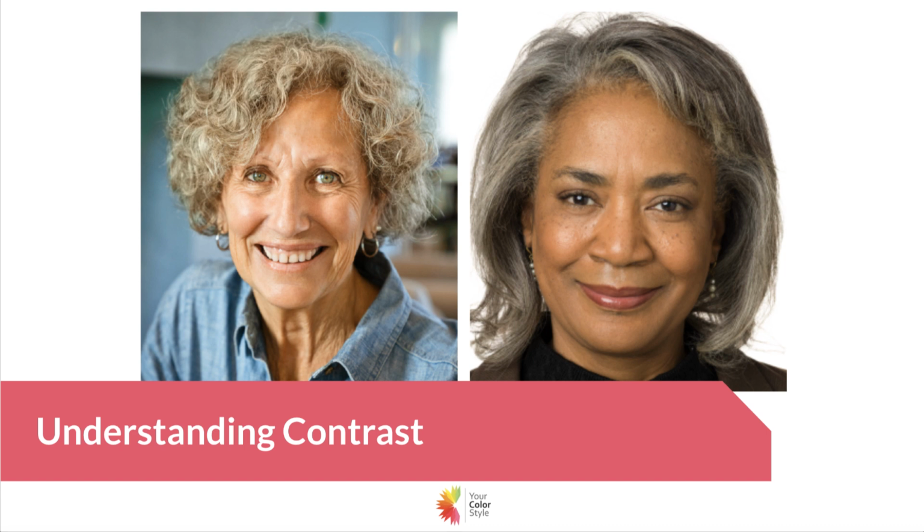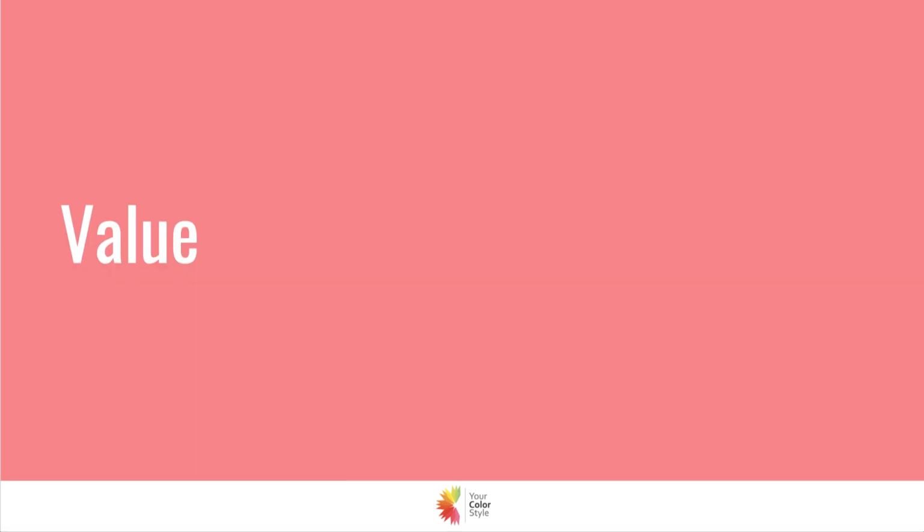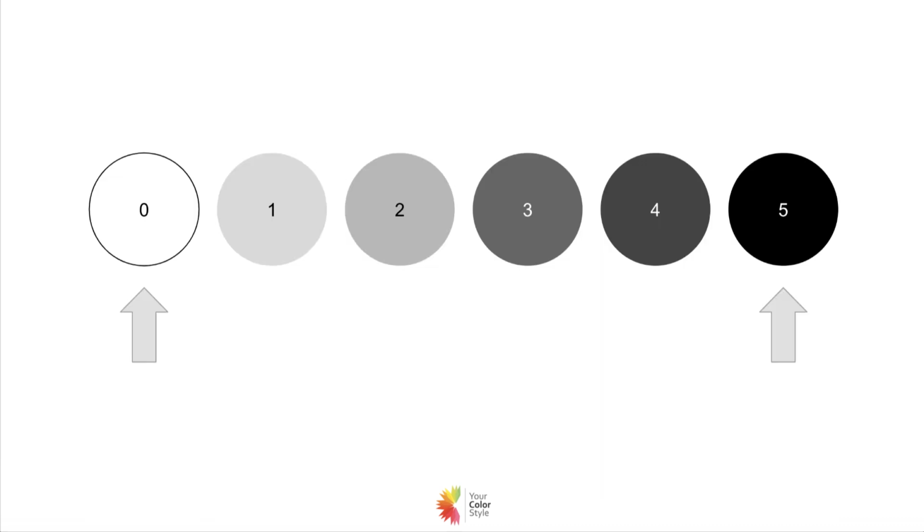So there are three different ways that you can think about contrast. One is to look at the value of a color, meaning how light or dark a color is. So here is a really good example. We've got a range from white all the way to black. I put numbers on them, so when I use them later on in the slides here, you'll see what I'm doing.